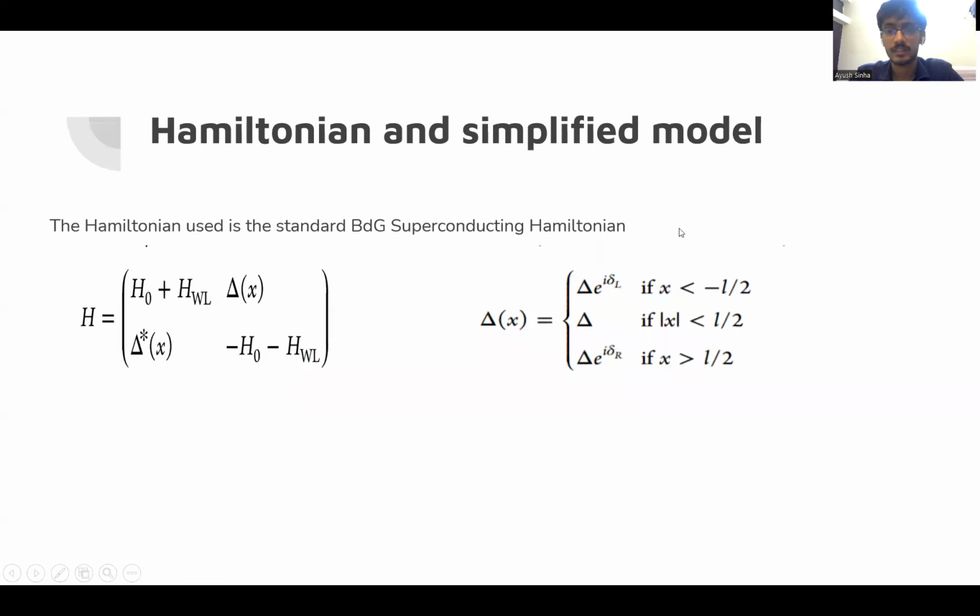As you can see from the right hand side here, delta X is a piecewise function in which for the left part of the superconductor, it has a phase difference of delta L, as I mentioned earlier in the previous slide. And on the right hand side, it is a delta R, and at the center it's 0.